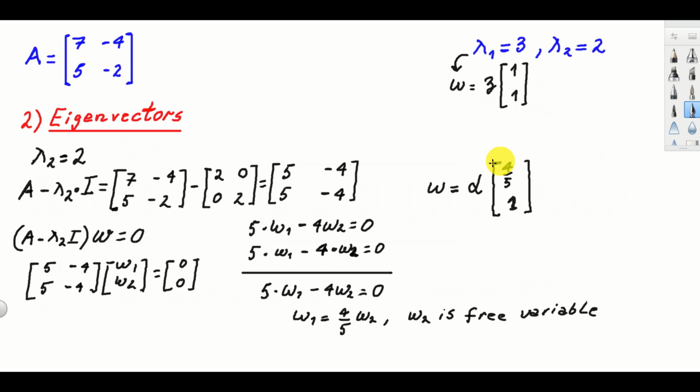And that's it. How do we know that this is correct? Well, if we multiply this, we will have 4 over 5 multiplying alpha, and over here we will have alpha. Alpha plays the role of w2, and w1 is equal to 4 over 5 multiplying alpha. Okay, that's all for today.